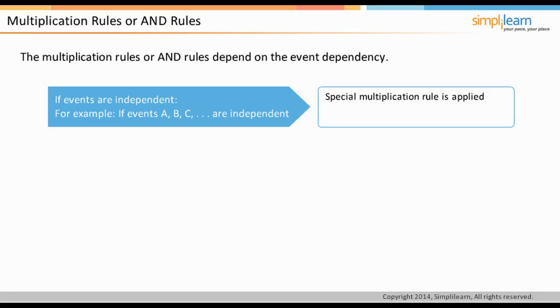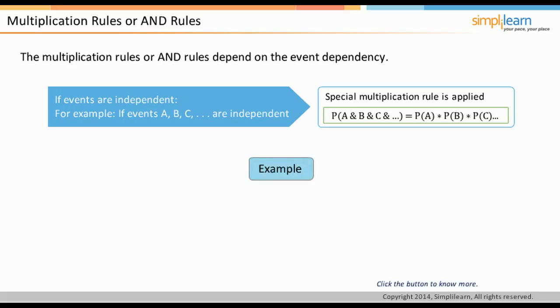For mutually independent events, the special multiplication rule is as follows. If the events A, B, C, and so on are independent of each other, then the probability of A and B and C and so on is equal to the product of their individual probabilities. Click the button to view an example of this rule.